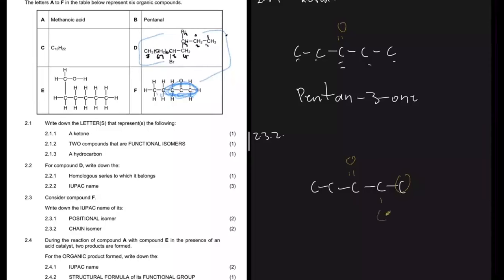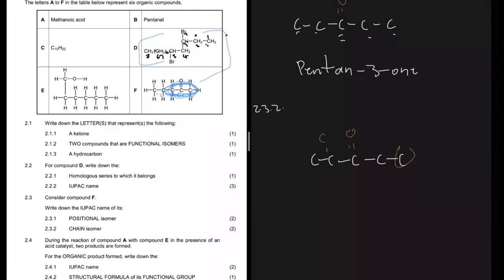If you put it here, you'll start counting from this one because there won't be anything else here, so you'll count 1, 2, 3, and it will remain the same ketone. But if you don't do that and you take this carbon and put it here, you're going to get a different chain, a different name, but still the same molecular formula.